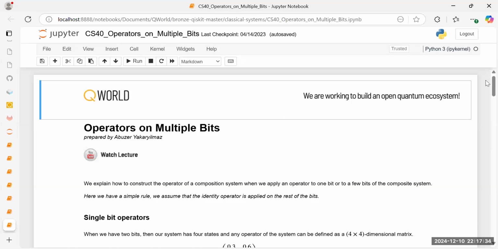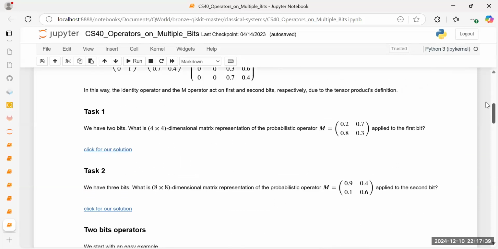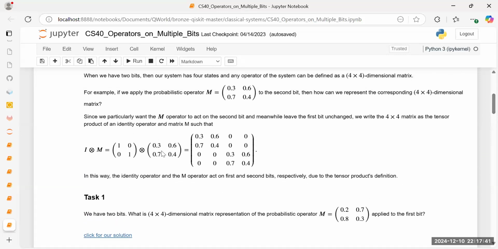And we also looked at combining probabilistic operators. So the operator we have here is a 2x2 matrix, and we can apply this to a single probabilistic bit. And the operator we have here is also a 2x2 matrix, which you can apply to another probabilistic bit.